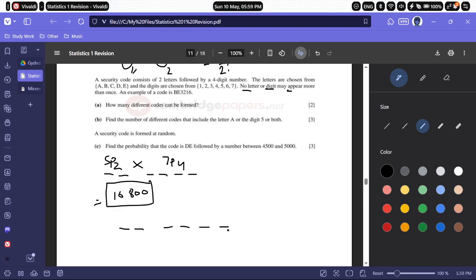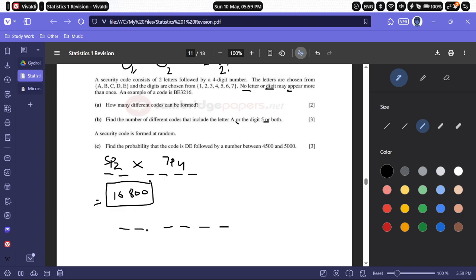There's an or, so you have to consider the case where there's only letter A and not digit 5, the case where you have digit 5 but not A, or the case where you have both. In the first two cases, for letter A you won't consider digit 5, and for digit 5 you won't consider letter A, because that would be overcounting.